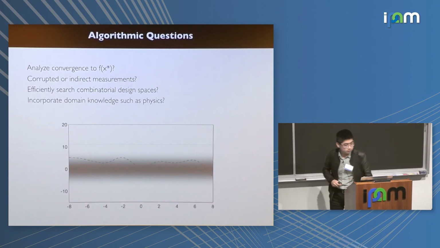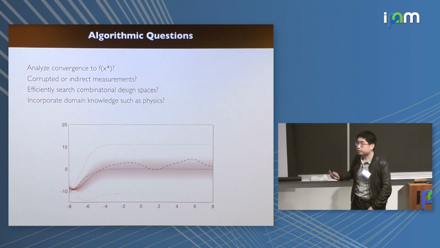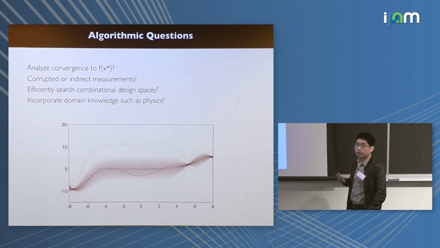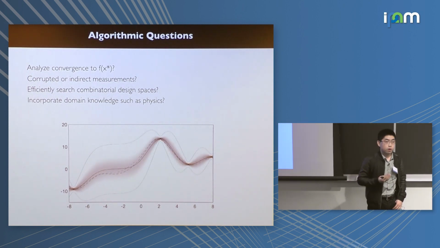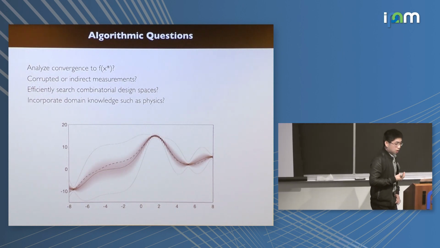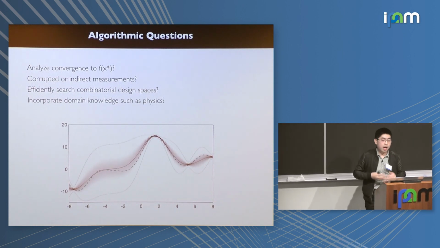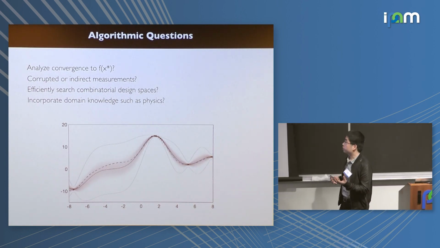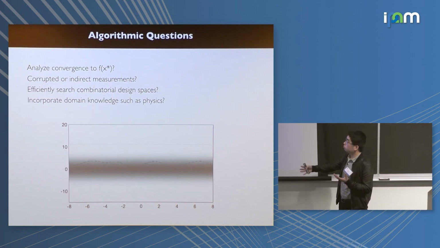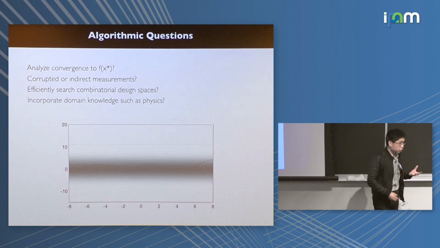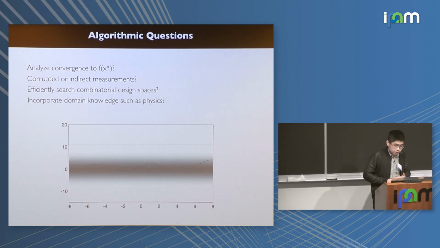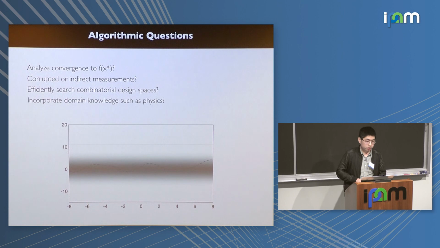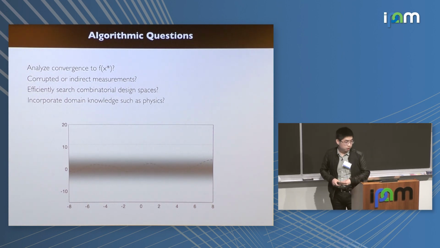All right. So algorithm questions along this line include: how do we analyze the convergence rate for a Bayesian optimization algorithm? If we're given a more complicated hypothesis space or action space, what actions should we propose in a feasible computational time, while still providing some theoretical analysis of the convergence rate?